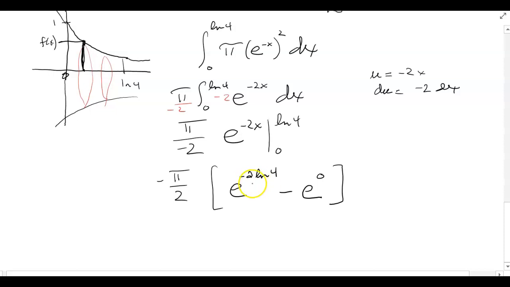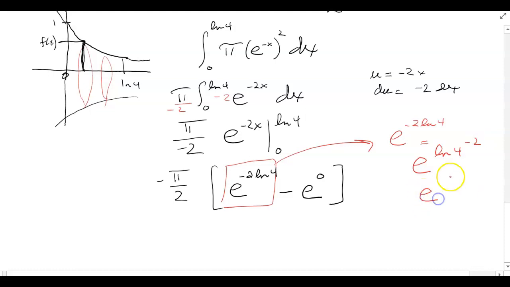Okay, the negative pi over 2, let's just scoot it out of the problem for a second. E to the negative 2 ln 4 is the same as 4 to the negative 2 power. I just used one of the logarithmic rules. We don't even need the e because the e's and the ln's pretty much cancel each other out, which is 1/16. That's all it comes out to.